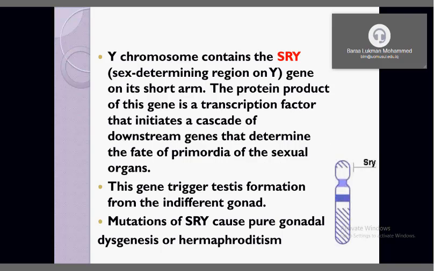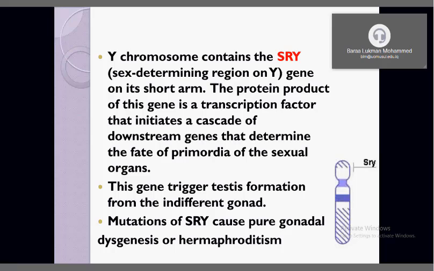Again, we return to the Y chromosome and how it can play this vital role in development of the embryo. There is a specific region in this Y chromosome called the SRY gene, or sex determining region on the Y chromosome. It is located on the short arm of the Y chromosome. The protein product of this gene is considered a transcription factor, and it initiates a cascade of downstream genes that determine the fate of the primordia of the sexual organs.